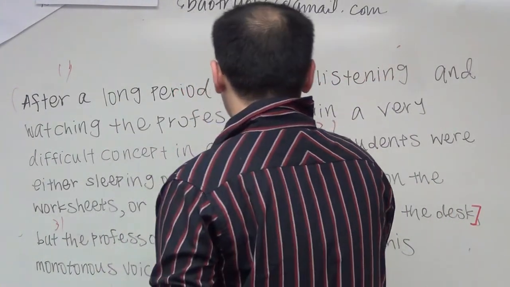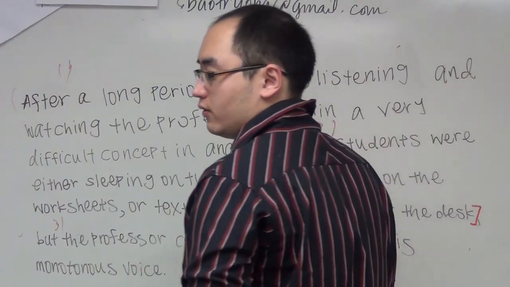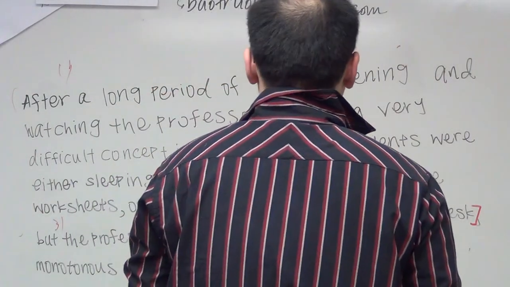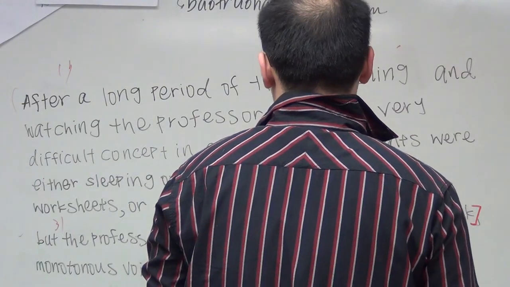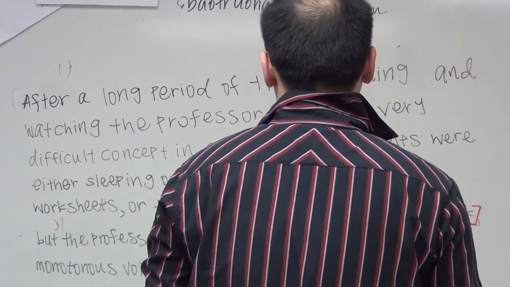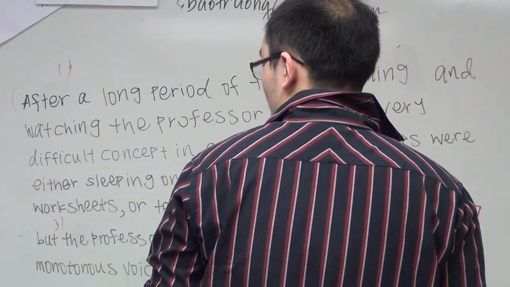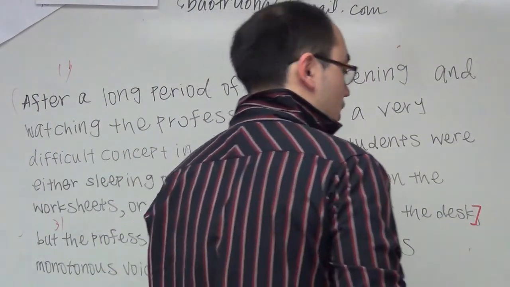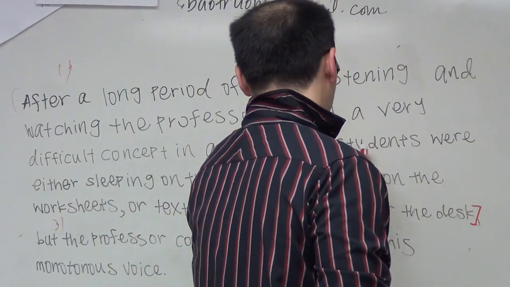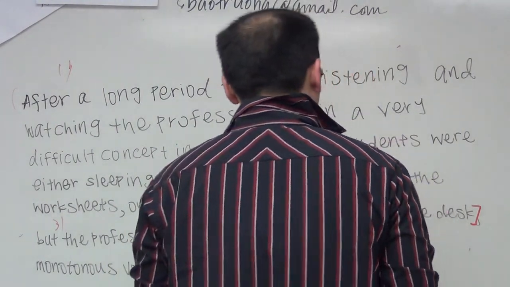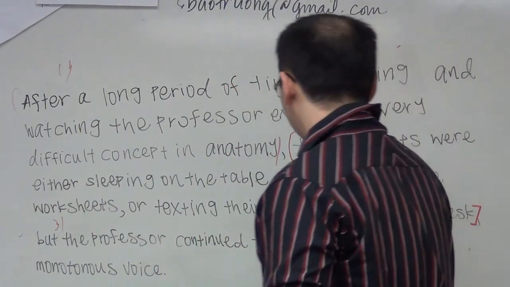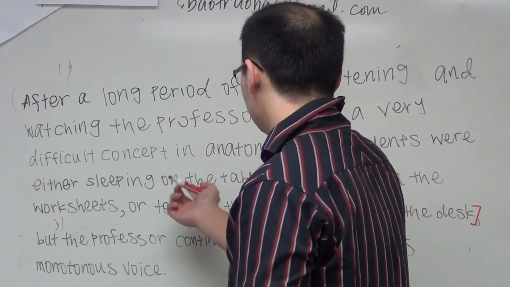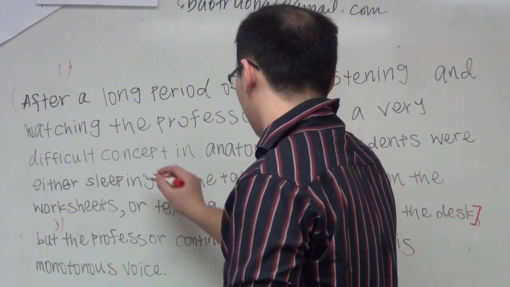Essentially, she extended the sentence using ing verbs. So rather than saying after a long time, the professor listened, after a long time, the students had listened and watched the professor. So if you just put listening and watching, we know what is happening, and we find out that the subjects later were students.